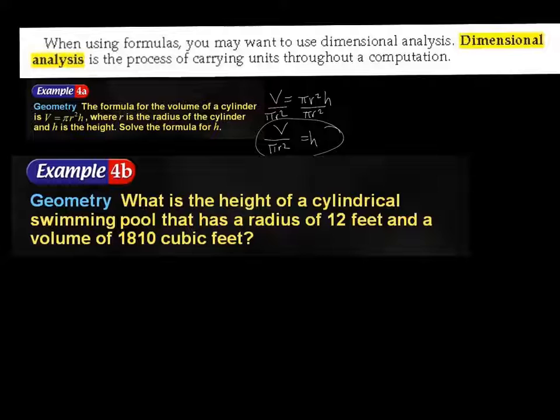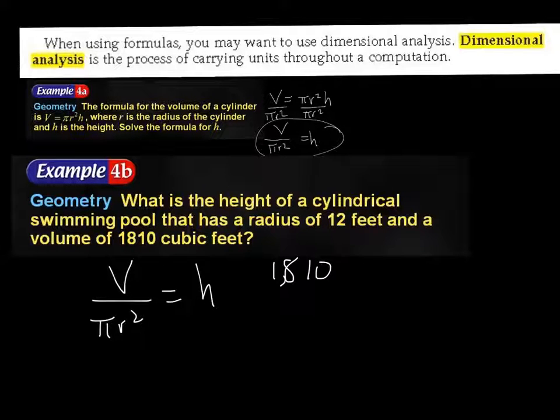What is the height of a cylindrical swimming pool that has a radius of 12 feet and a volume of 1,810 cubic feet? Okay, so using the formula that we just developed, we have V divided by pi r squared equals h. The volume they gave us was 1,810 cubic feet.